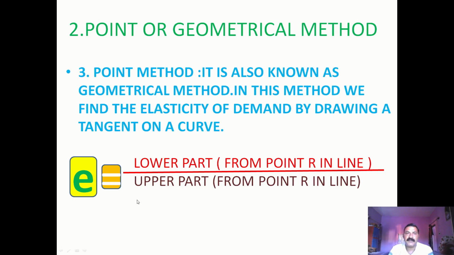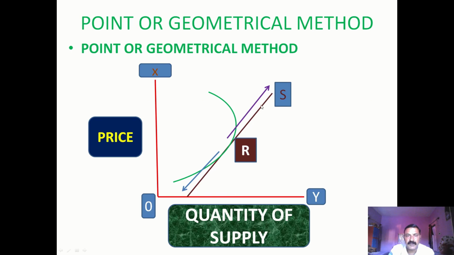We find the elasticity of supply by the formula: lower part from the point R in line divided by upper part from R in line. It is shown here in a diagram. The formula and the point or geometrical method are clearly defined by this method.